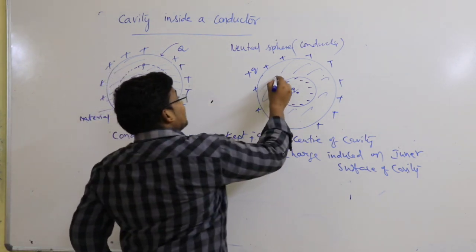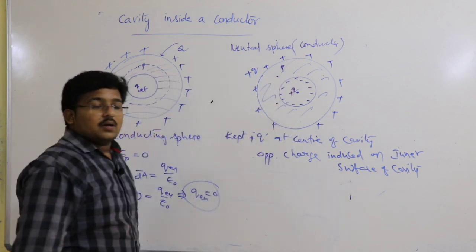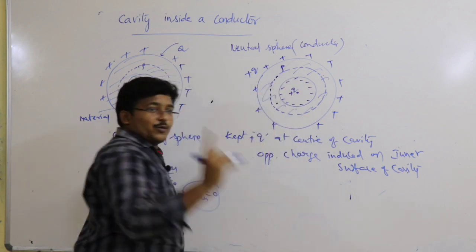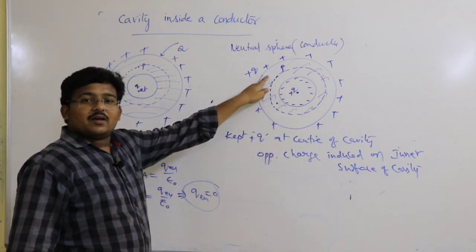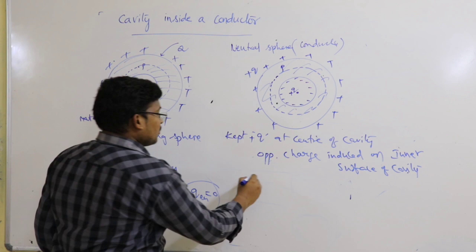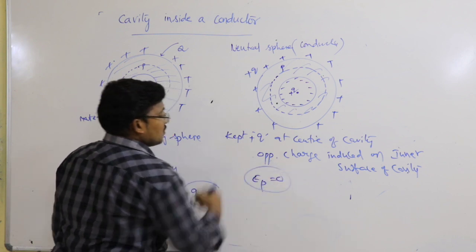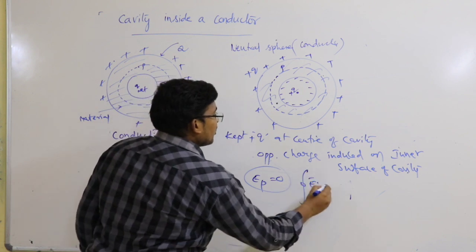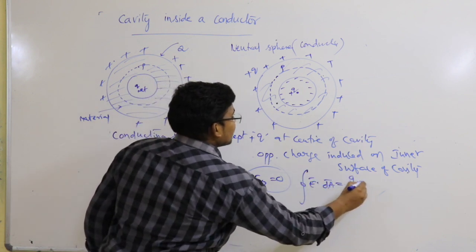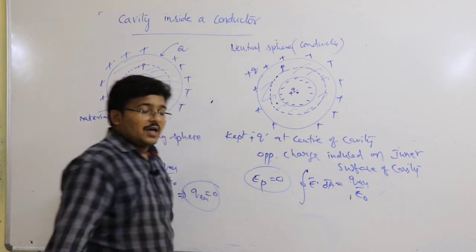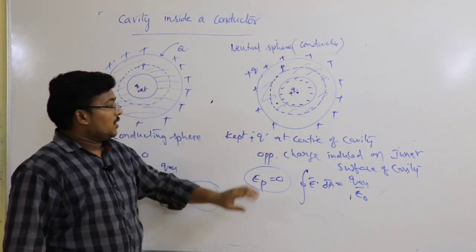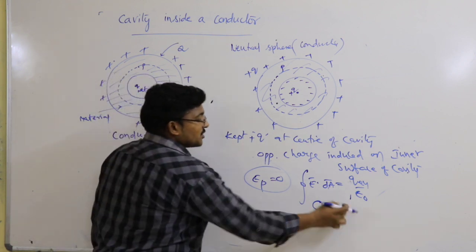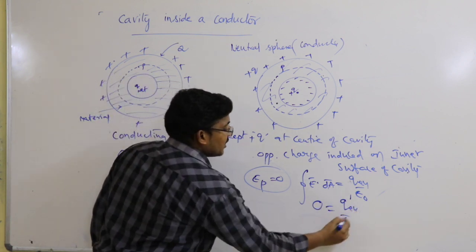So I am taking the point P inside the metal. Now you know that the electric field inside the metal at point P is 0. If you apply Gauss law again, the integral of E dot dA is equal to charge enclosed by epsilon naught, and the electric field is 0 at point P, means this left side term is again 0, equal to q enclosed by epsilon naught.